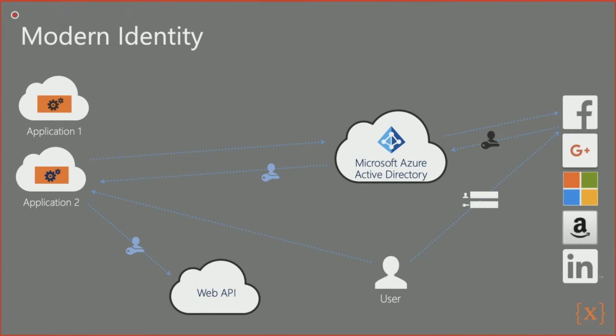So in this instance, although I've signed in with Facebook and although I don't have a username and password stored in the directory for my user, I still create what we call a stub user in the directory. So Azure Active Directory will essentially have this user object stored in the directory that will have mapped to it the subject claim of Facebook, but then our subject claim.